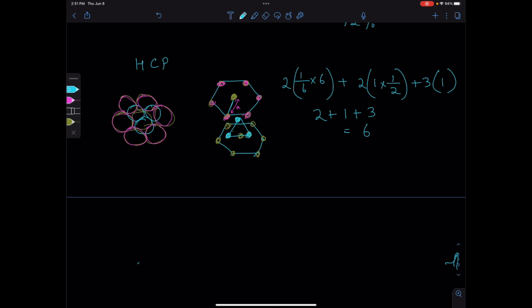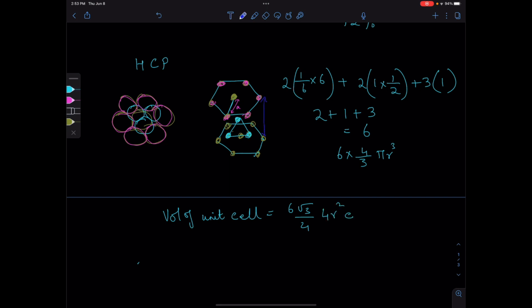The volume occupied by these 6 atoms would be 6 times 4 by 3 pi r cubed, assuming they are spheres and r is the radius. Volume of this hexagonal unit cell would be 6 root 3 by 4 times 4r squared times c, where c is this distance.